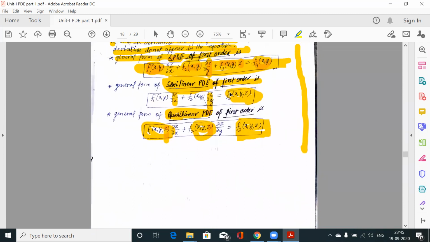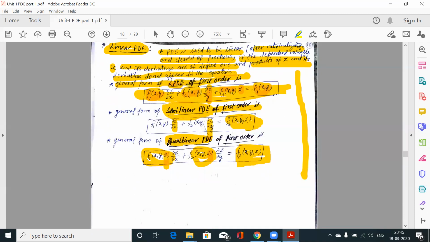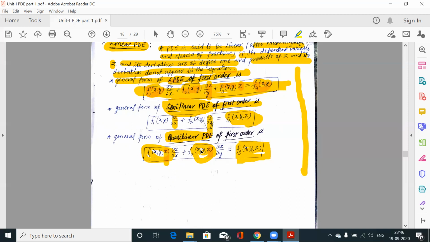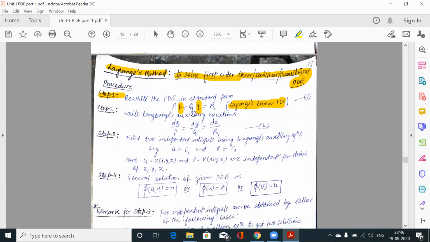See, in the linear, semi-linear, Cauchy linear, all these three types of PDEs, we have the first order derivatives in first degree. So these terms are separated. Small p means del z over del x, small q means del z over del y.